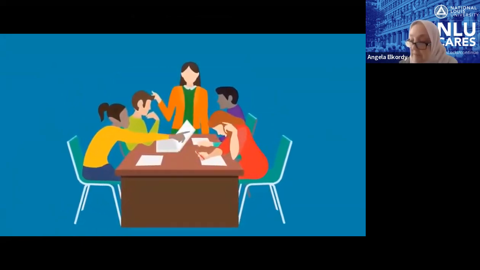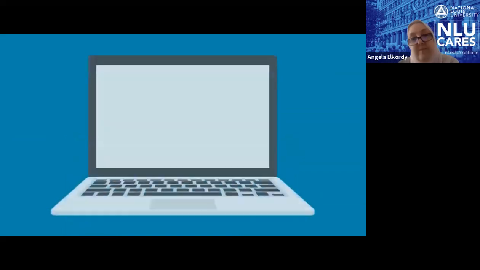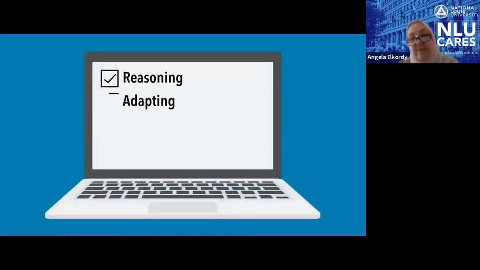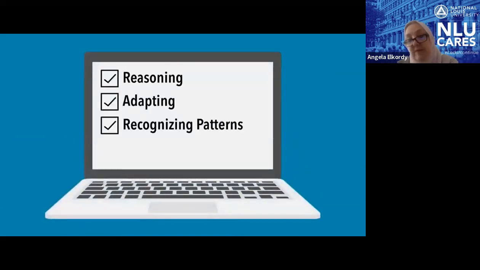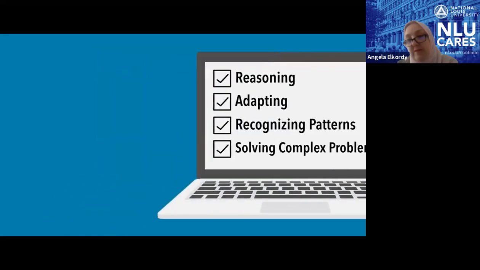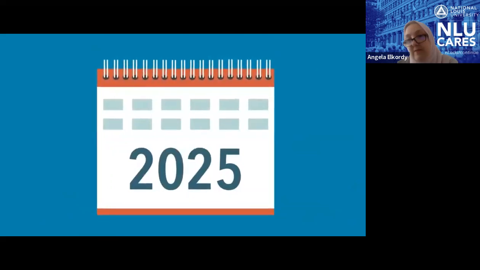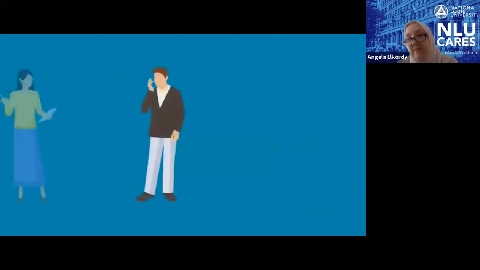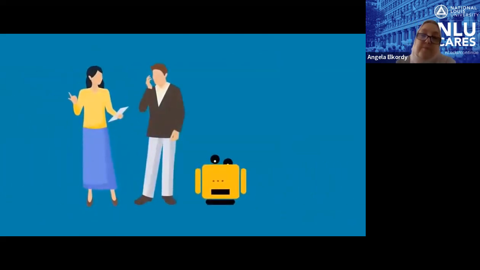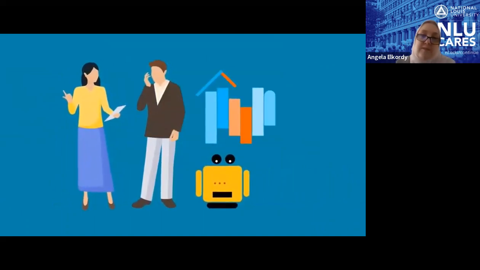Artificial intelligence can already do many things that once only humans could do, like reasoning, adapting, recognizing patterns, and solving complex problems. By 2025, AI will take over more than half of all current work tasks. Employees in every industry will soon work side by side with smart machines to become more efficient and productive.